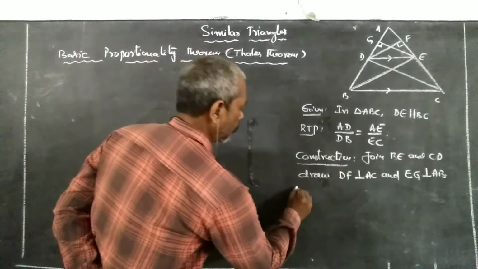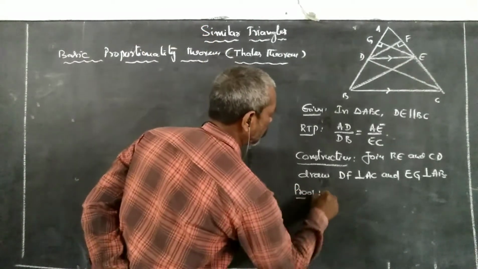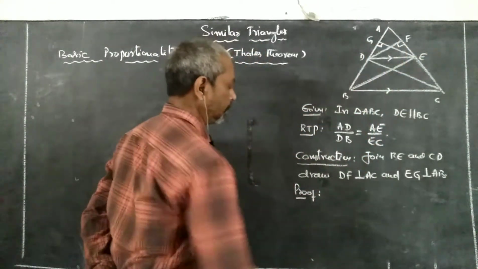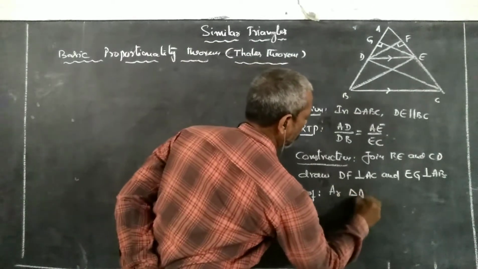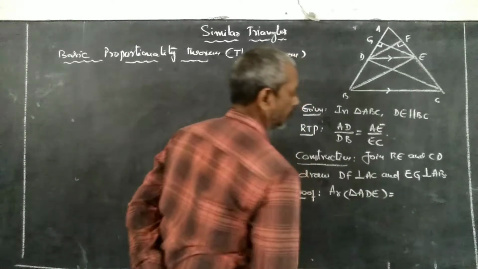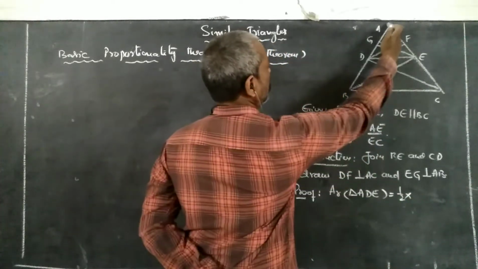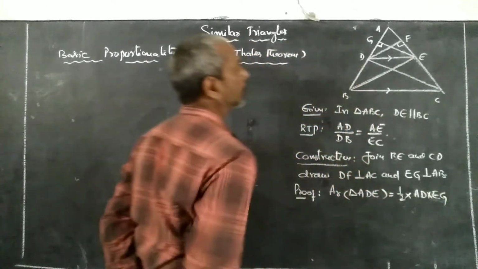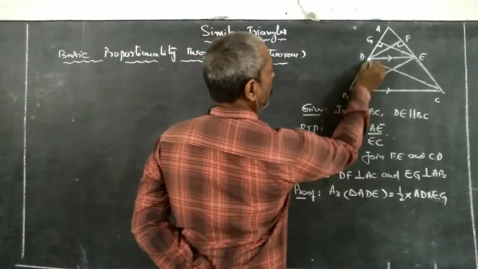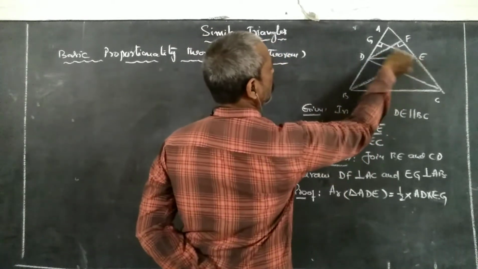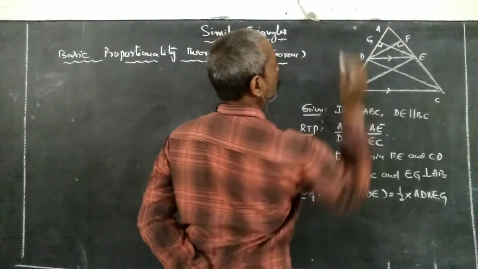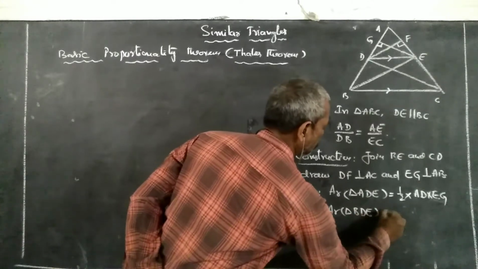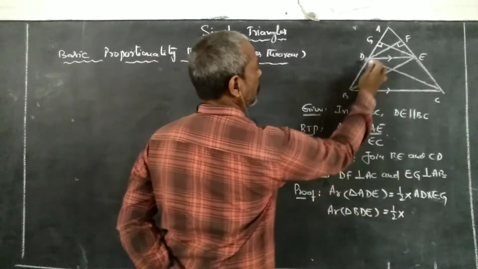So now the proof. Find the area of triangle ADE whose altitude is GE. Area of triangle ADE is equal to half into AD into EG. Now consider triangle BDE whose altitude is EG when BD is produced to A. Therefore, area of triangle BDE is equal to half into BD into EG.